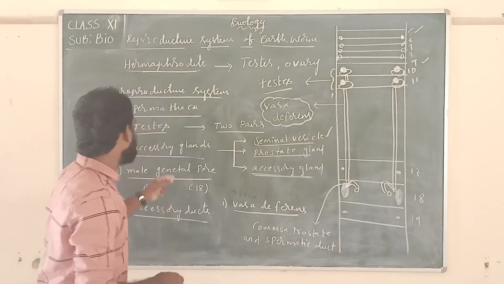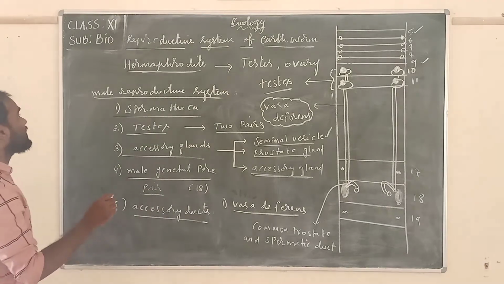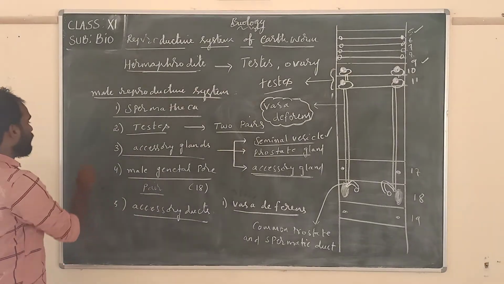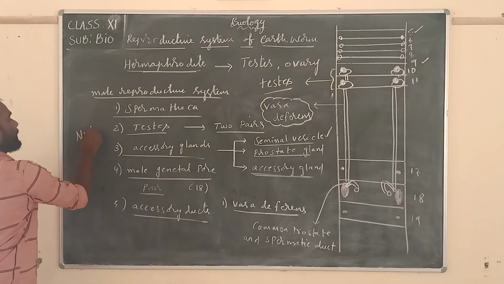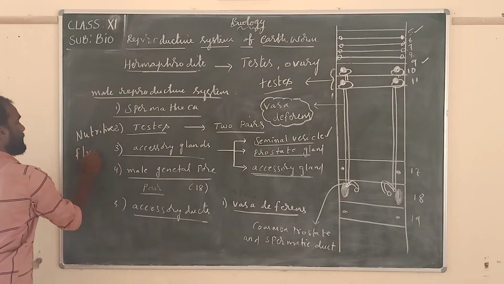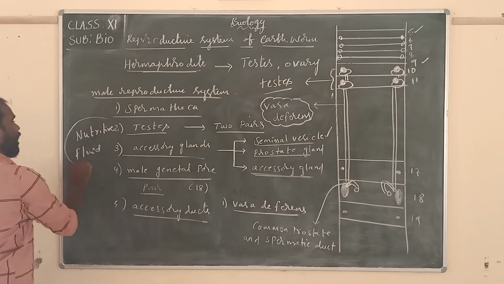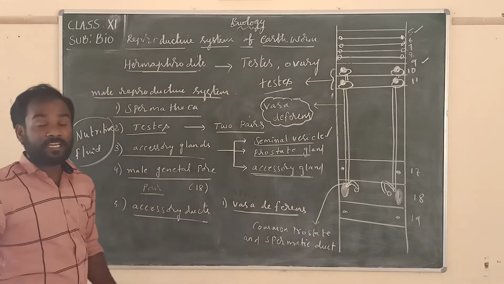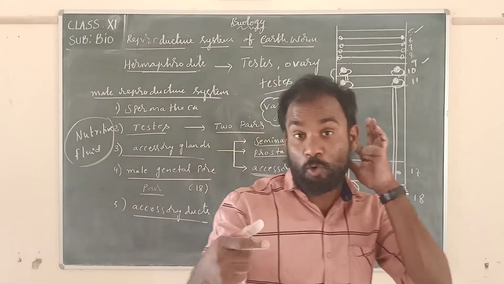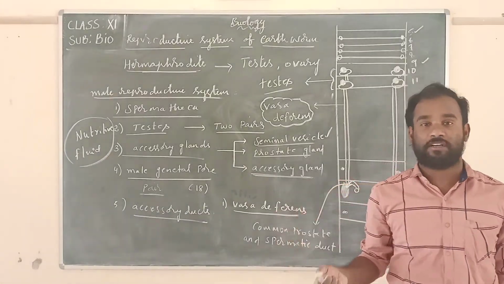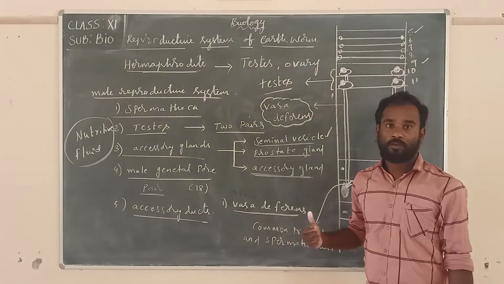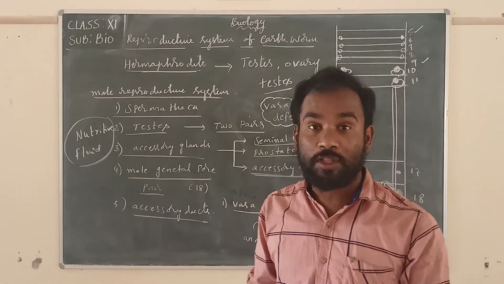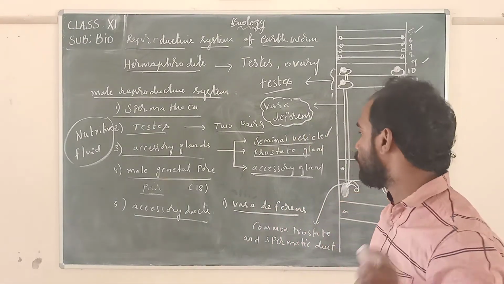The main function of these accessory glands is they secrete a nutritive fluid. That fluid provides nutrition to the sperms, that is, nourishment to the sperms.